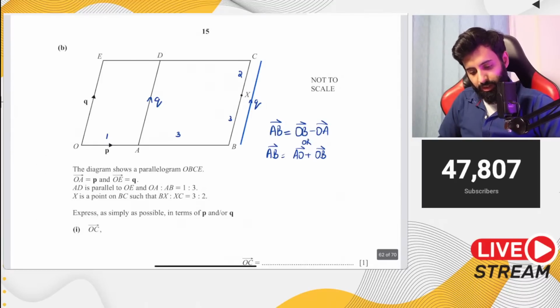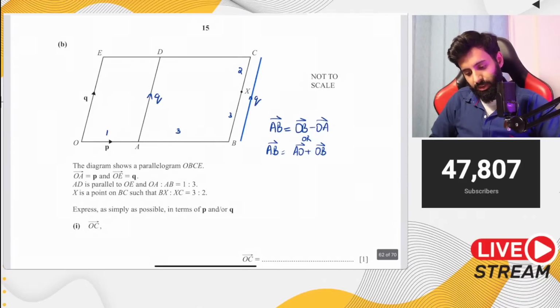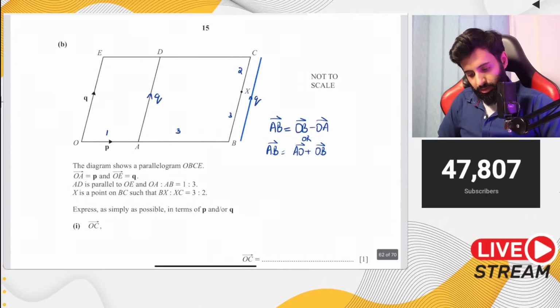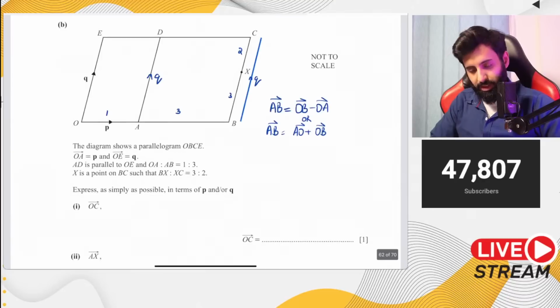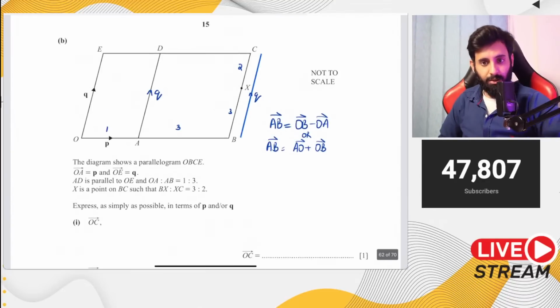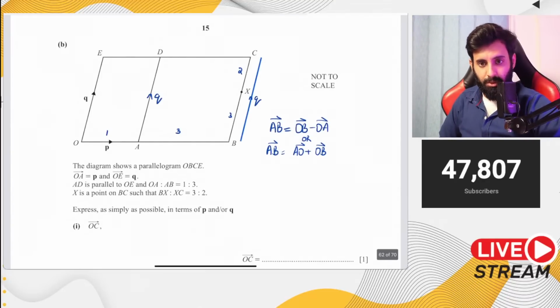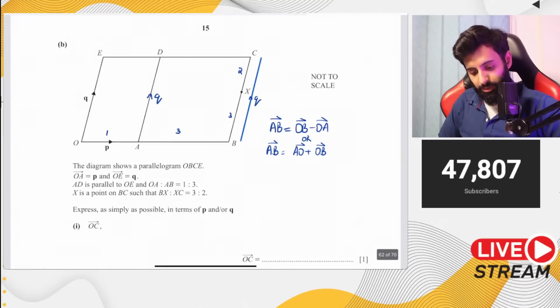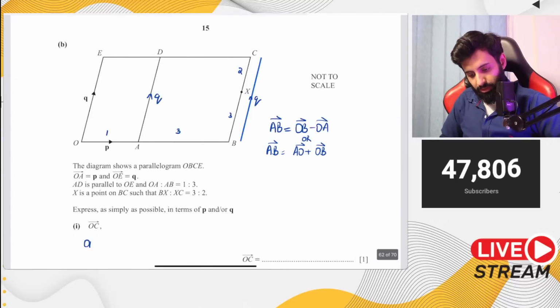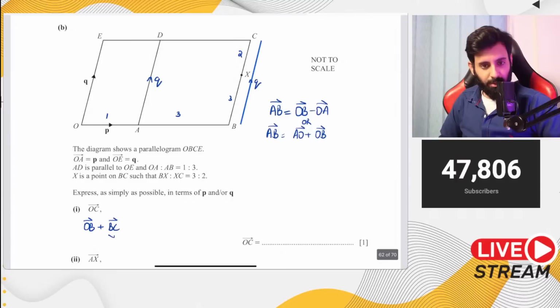So how can I find out OC? OC तक जाने के लिए, here's what I need to do. In order to go from O to C, I need to first go from O to B, and then from B to C. As far as BC is concerned, that we already know is going to be equal to Q, but how do I find out OB?